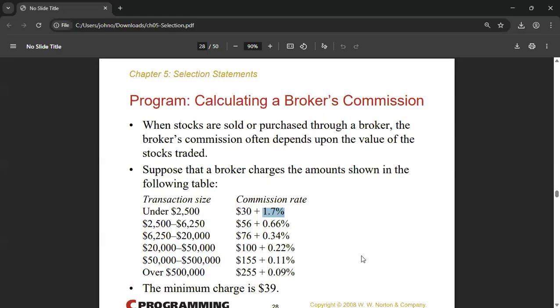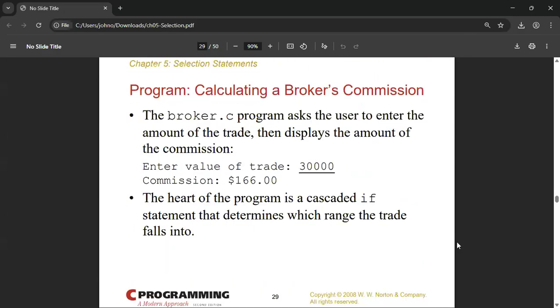Let's just say something like $5 is the 1.7% of what the person buys and it ends at $35. The stockbroker would not accept $35. He will accept a minimum of $39. So you have to write a condition in your code that if the value the stockbroker is getting is less than 39, then we should change it to 39. All right, so this is what we have here.